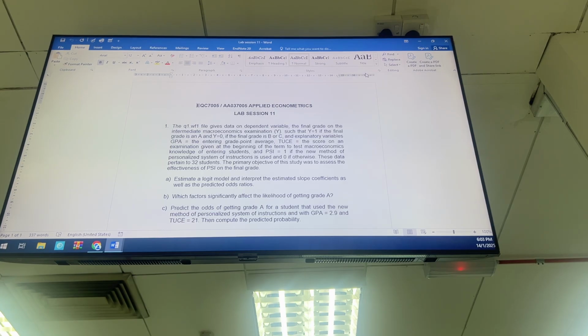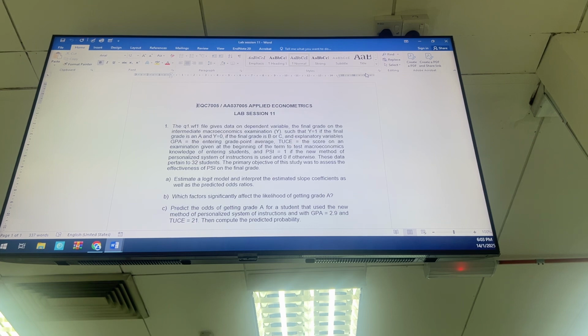So in this case we have Y equal to 1, the dependent variable equal to 1, if the final grade is an A, and 0 if the final grade is B or C or other than A. And a set of explanatory variables: GPA, the entering grade point average; TCE, the score on the examination given at the beginning of the term to test macroeconomic knowledge of entering students; and PSI equal to 1 if the new method of personalized system of instruction is used, and 0 otherwise.